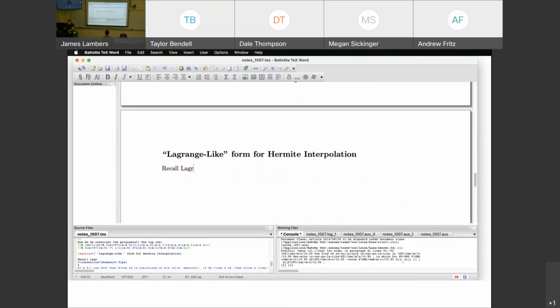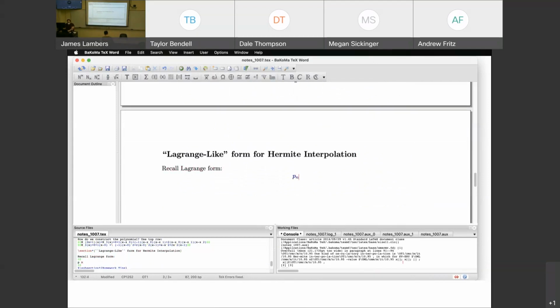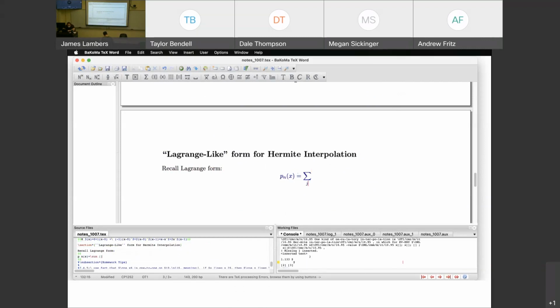Compare the Lagrange form, where we represent Pn as a linear combination of Lagrange polynomials, where the coefficients are the function values.